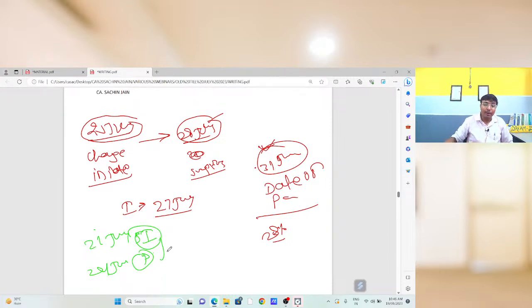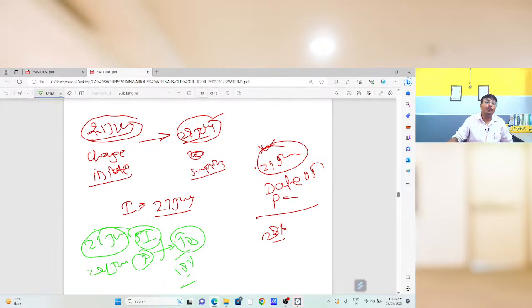In that case, invoice or payment whichever is earlier, that is 22nd July, will be treated as your time of supply and GST will be charged at the rate of 18%. That is what is the concept.